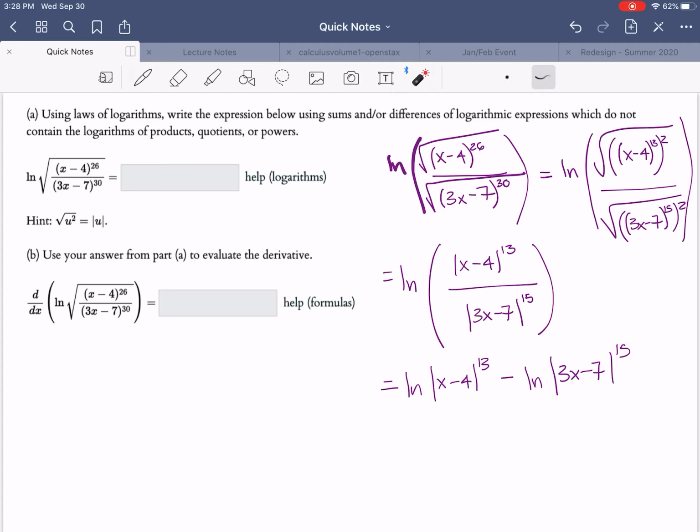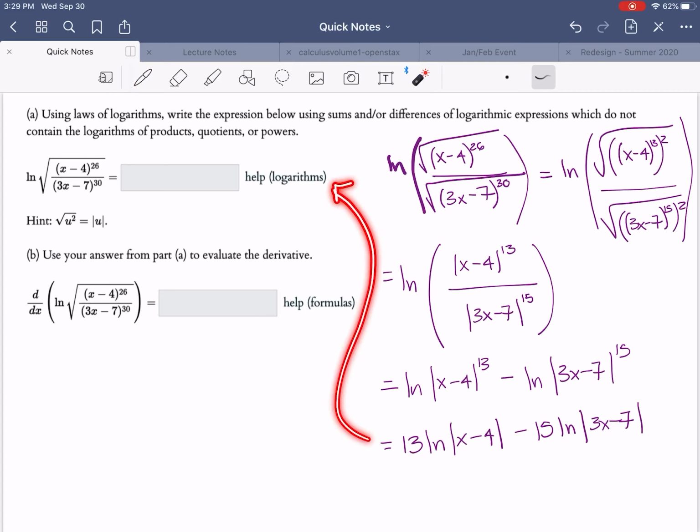And again, we can use this rule that if you have an exponent with a natural log, you can bring it down in front. We're not taking a derivative or anything. This is just rules of exponents. To get 13 natural log of the absolute value of x minus 4, minus 15 natural log of the absolute value of 3x minus 7. And this is the answer that they're looking for here.